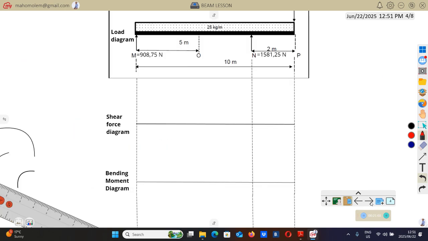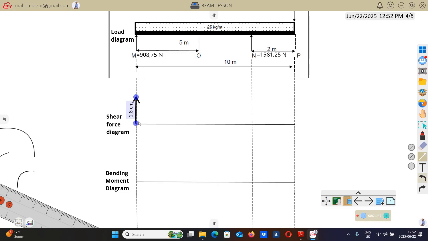So let's go to the shear force diagram. Let's start here. If you start from the left, at this point we are going to have an upward force, and that upward force is a point load. We said that the point load will be represented by a vertical line, so this vertical line will be upward, because this force of 908.75 is acting up.